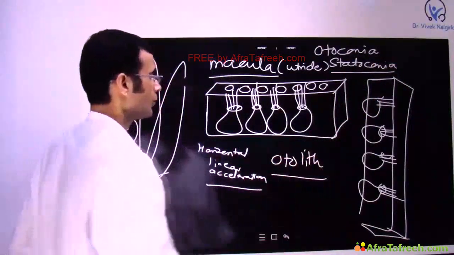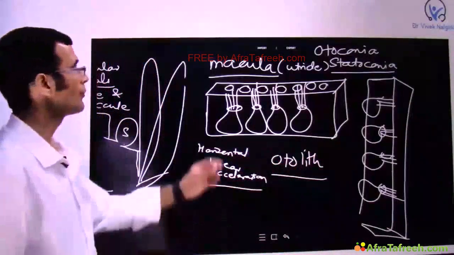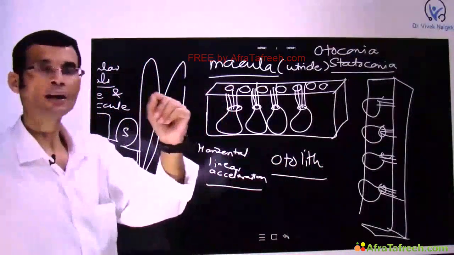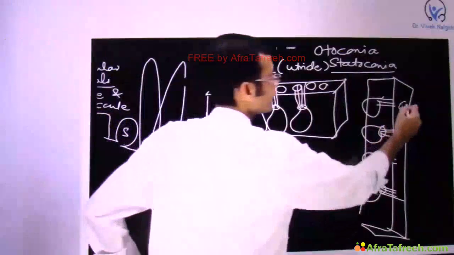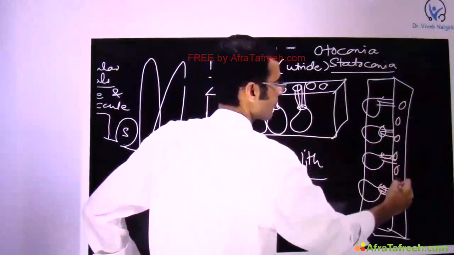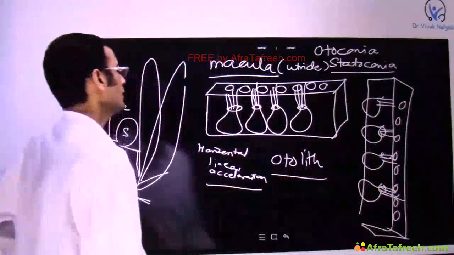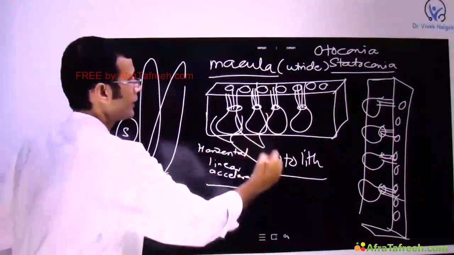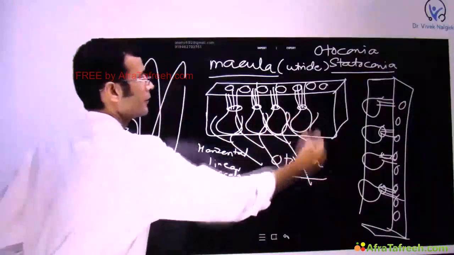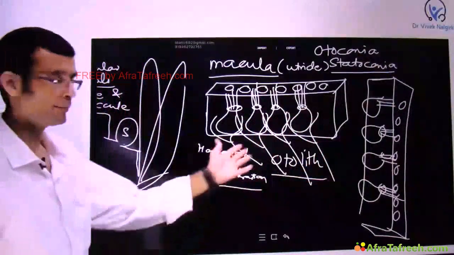Ear dust or otolith organ. These are crystals, stony hard crystals. They have very high specific gravity as compared to the hair cells. And also the sides and bases of the hair cells synapse with the 8th cranial nerve fibers, vestibular nerve fibers.